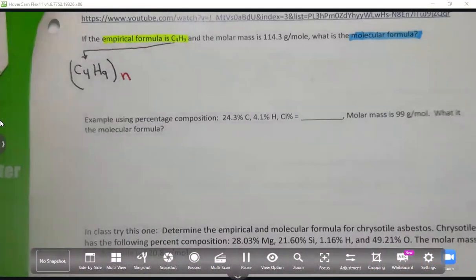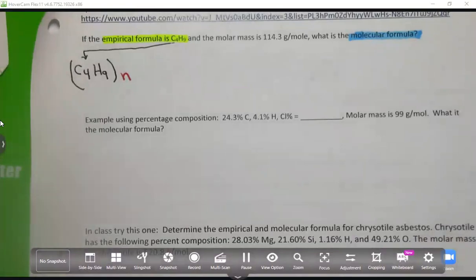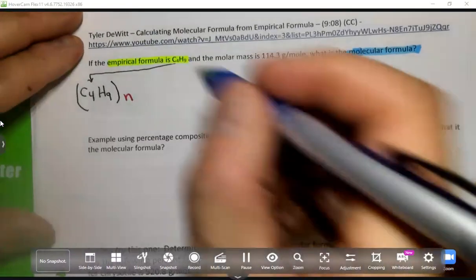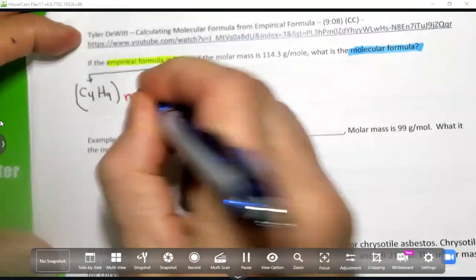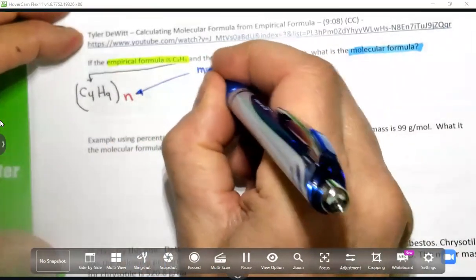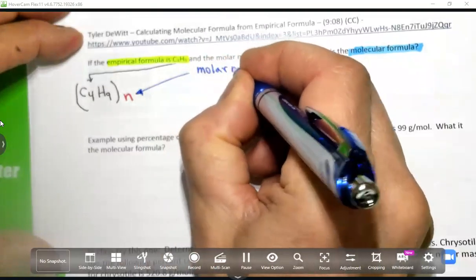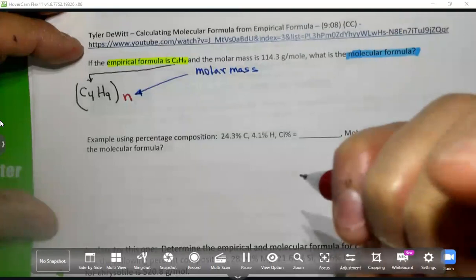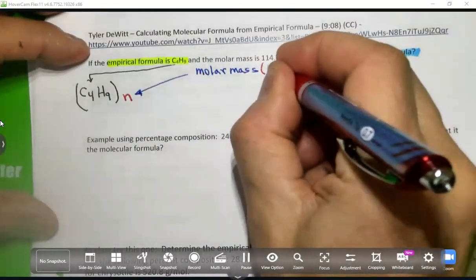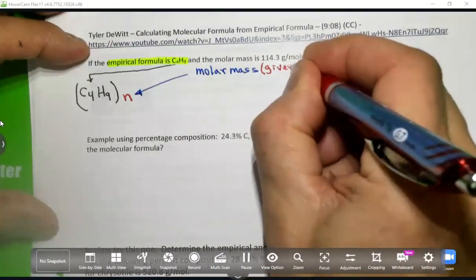Well, here's how you do that. This multiplier is like this. In the numerator, it's going to be the molar mass. Typically, that's going to be given.